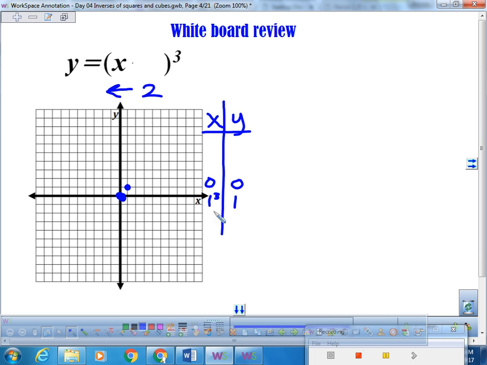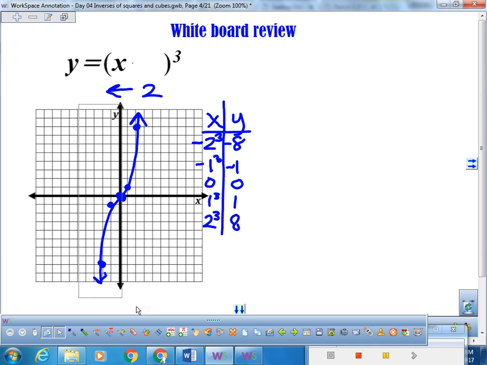If I go over 2 and I cube it, I get 8. So I go over 2 and I'm up 8. It does the same thing in reverse. If I put a negative 1 in and I cube it, I get negative 1. And if I put a negative 2 in and I cube it, I get negative 8. All right. So that is our cubic parent function. Correct?